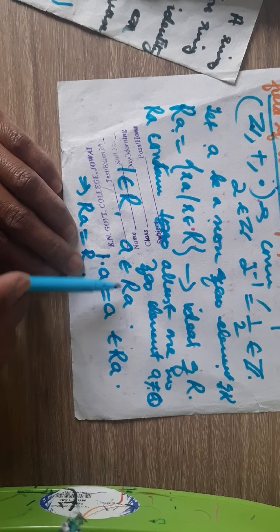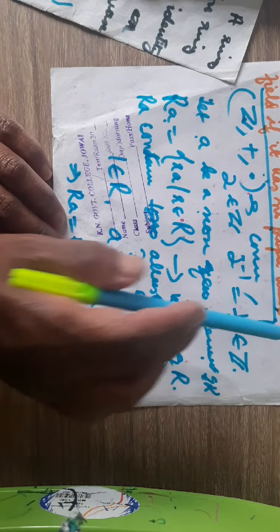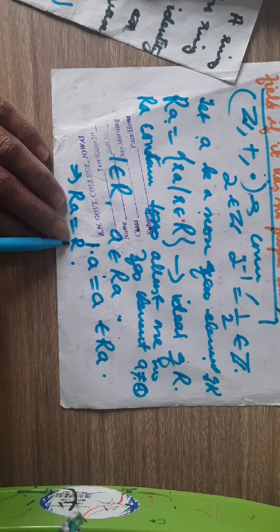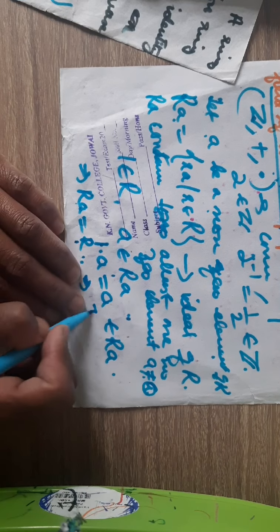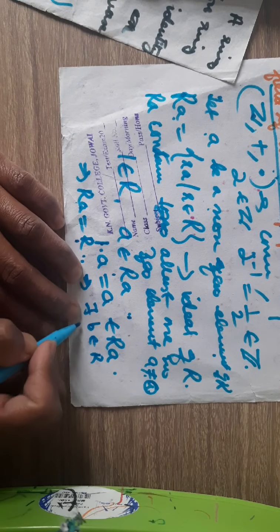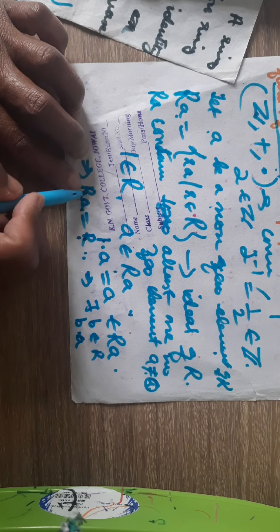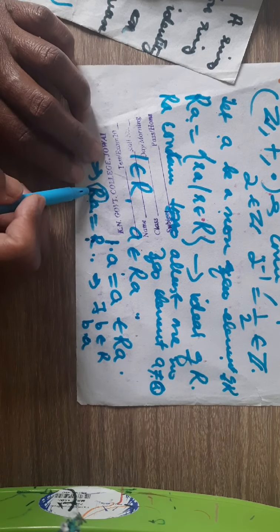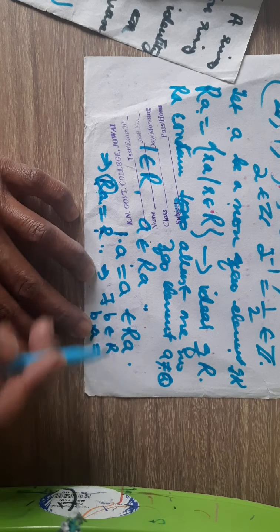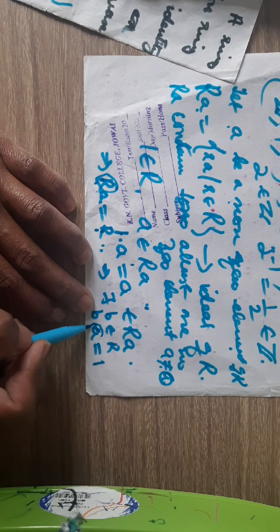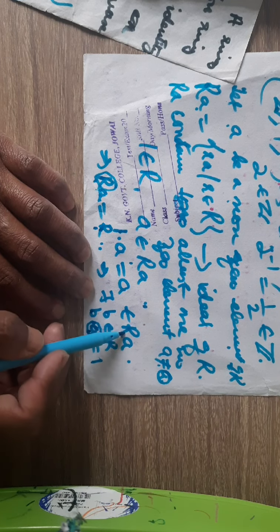So if RA is a non-zero ideal of that ring, then it must be equal to R itself. And now RA equal to R implies that there exists an element B in R such that B into A from the left side is equal to 1, because 1 is an element of R, which means that this non-zero element A has an inverse B in R.